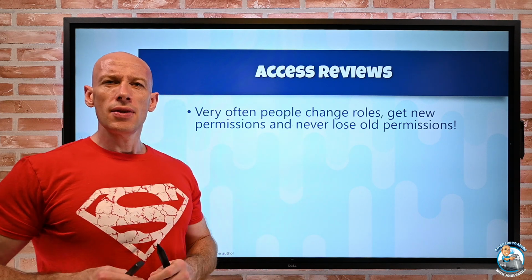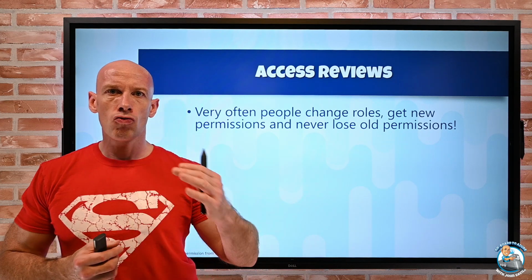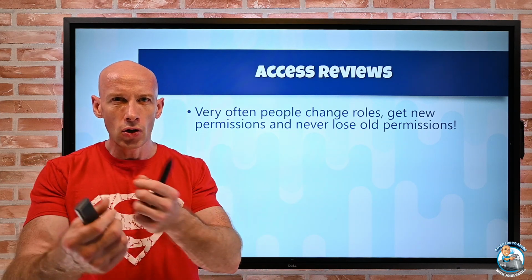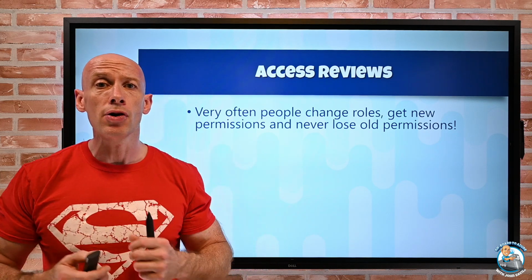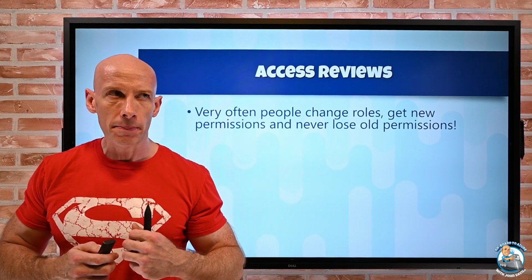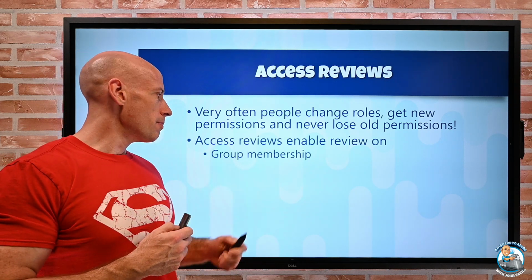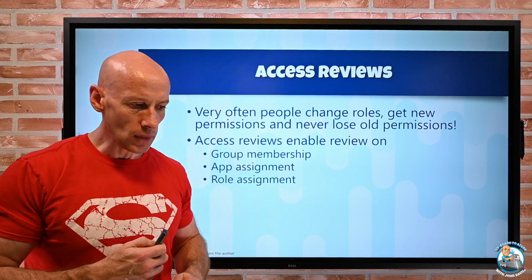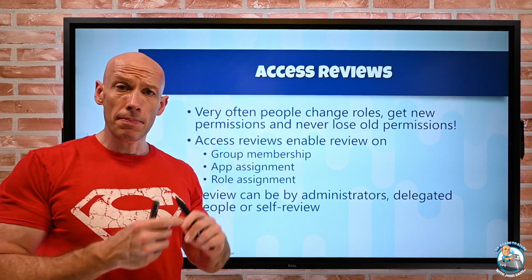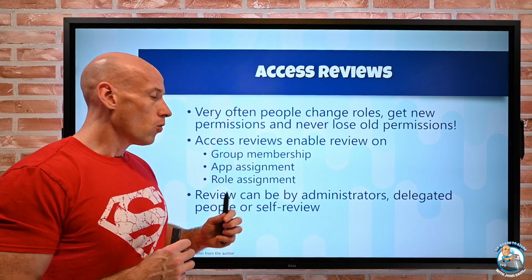Access reviews, the idea of this is, if you think about over time, I change role, I get different permissions. Do I ever lose the old ones? I have guests, I give them a role, I give them an app, I give them a group membership. Do I ever take it away? So access reviews enable me to do reviews based on group memberships, app assignments, and role assignments. The review can be done by an administrator, by delegated people, or even a self-review.